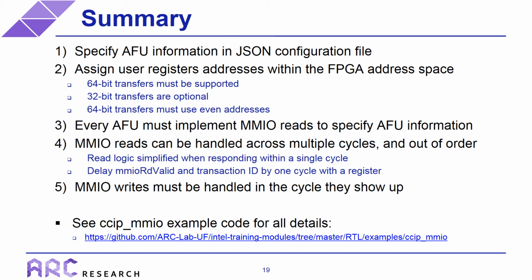Every AFU has to implement MMIO reads, even if you don't have any resources you want to read from, because that is the way that software requests information about the AFU. Those reads can be implemented across multiple cycles, or you can even respond to them out of order. But as I showed, the read logic is simplified when you can respond within a single cycle, because in that situation, you're basically just delaying the MMIO read valid signal and the transaction ID by a cycle using a register.